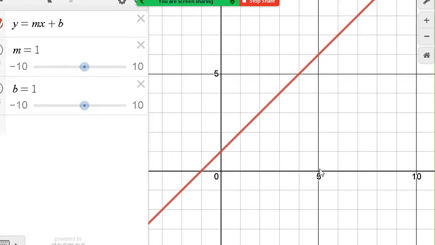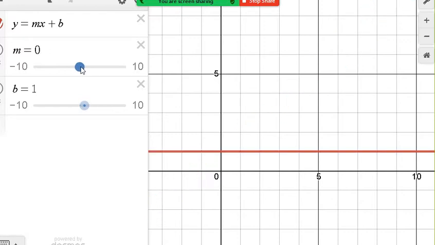If x is 1, then y is 2, when x is 5, y is 6, when x is 6, y is 7, etc. So there's a nice relationship. You put in a value of x, you get out a value of y. But the big thing is that the slope is something different than 0. Because if you had 0, that means there's no linear relationship at all between x and y. You're just going to get the same answer.